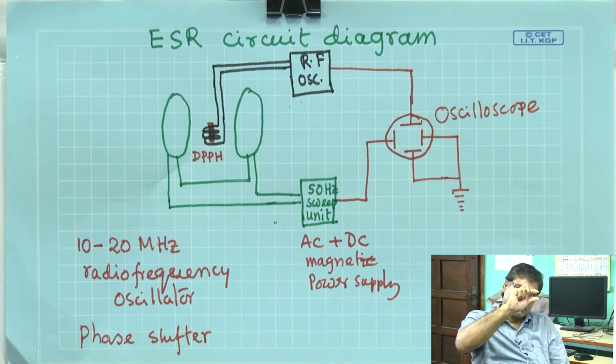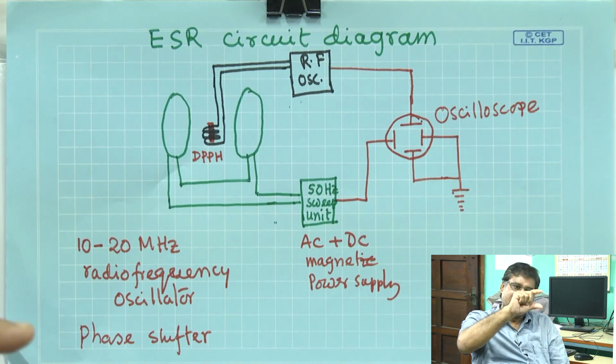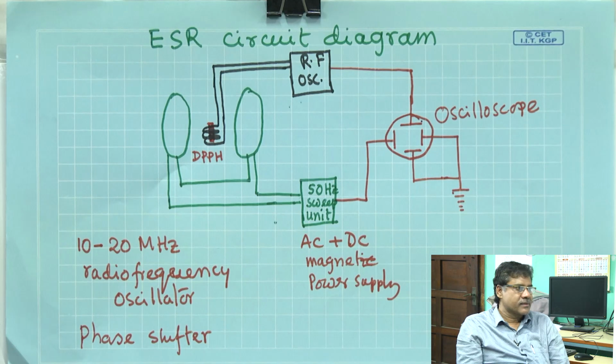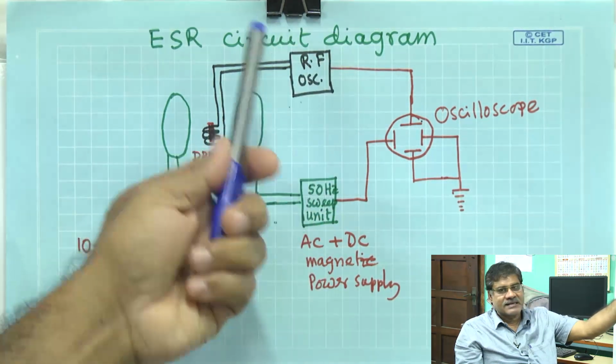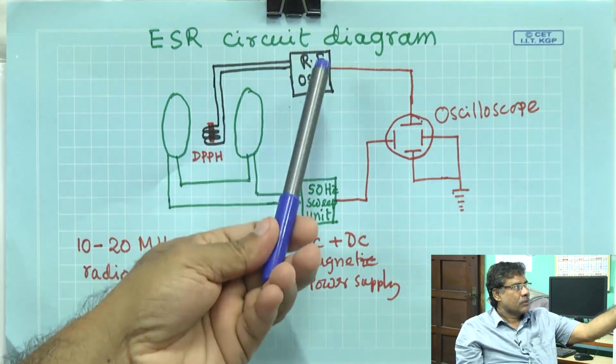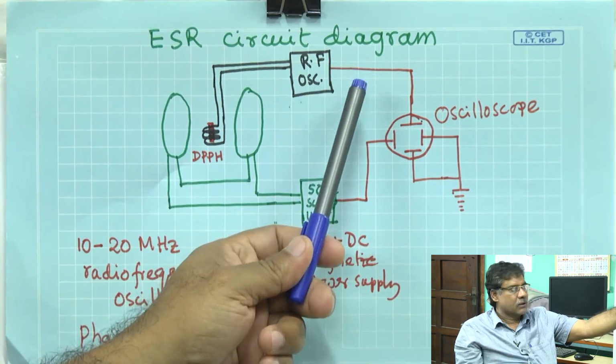Due to the variation of the magnetic field, when the energy h nu equals the splitting of the energy levels, at that point there will be absorption. Here the circuit has a detector and an amplifier, which I have not shown here.